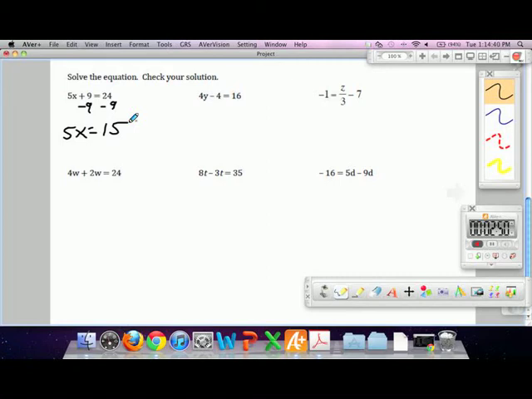Now what's the next thing we'd want to do? Divide by 5. X is 3. Same game with the next one. Is there anything to simplify on either side? No. So what's the first thing we want to undo?